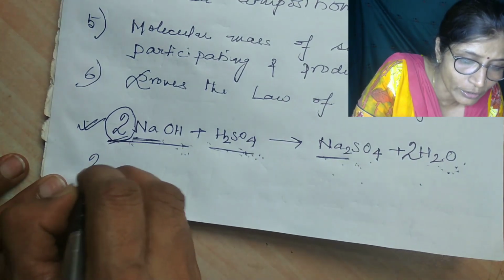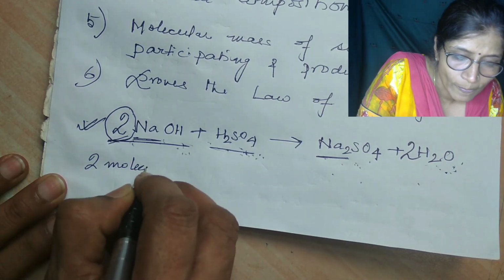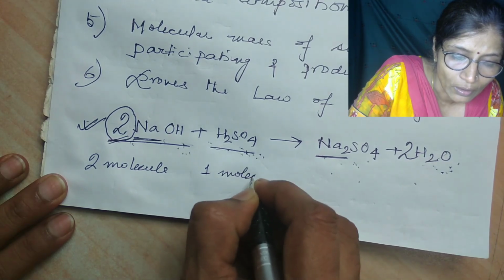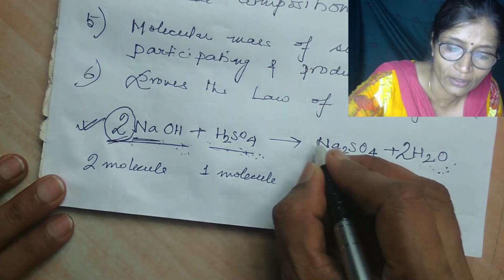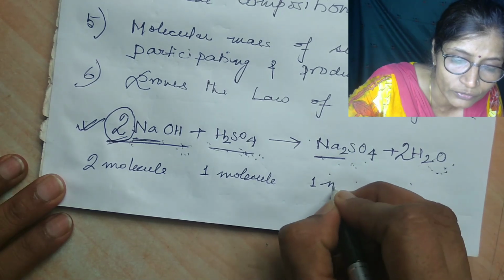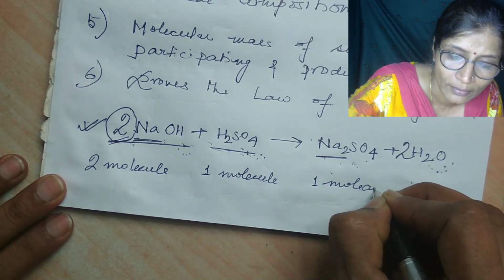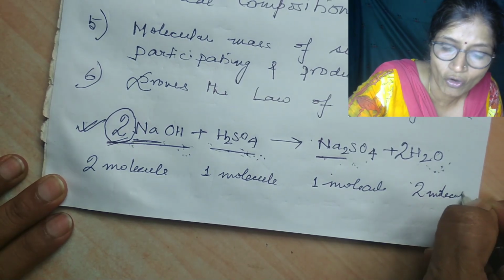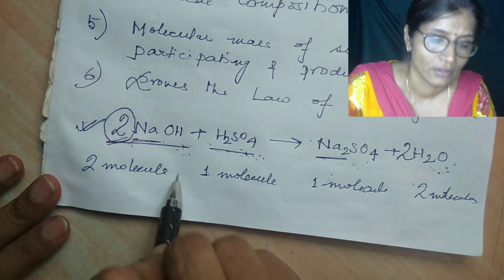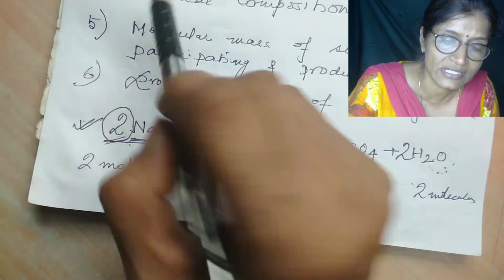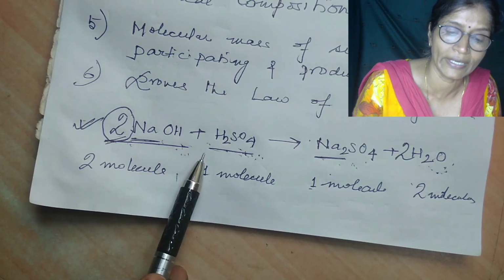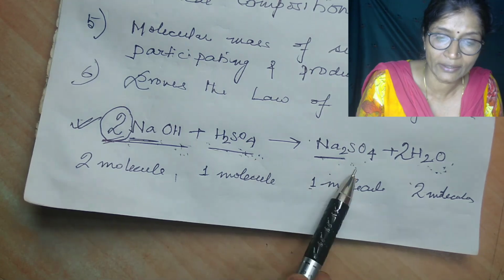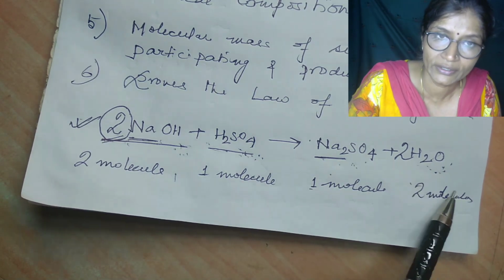So 2 molecules of sodium hydroxide react with 1 molecule of H2SO4, and here also it is 1 molecule of sodium sulfate and 2 molecules of water formed in the reaction. It means it gives us an idea of the number of molecules or atoms of each substance taking part in the reaction and formed during the reaction.